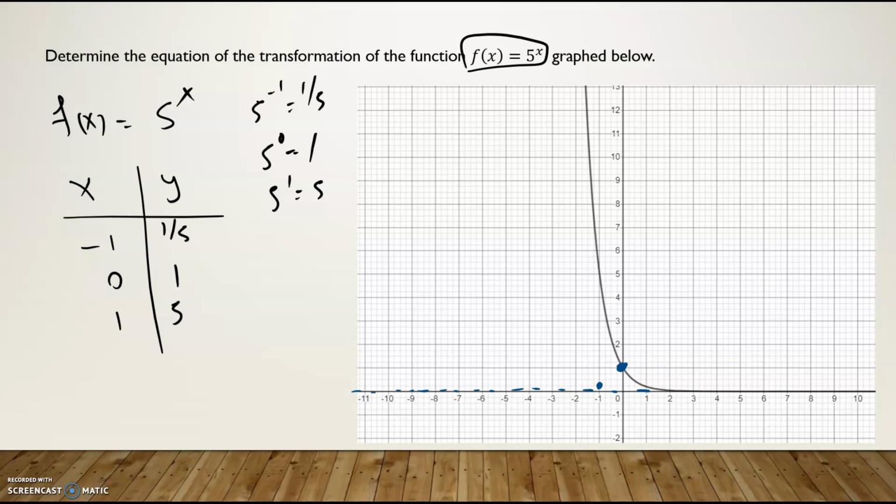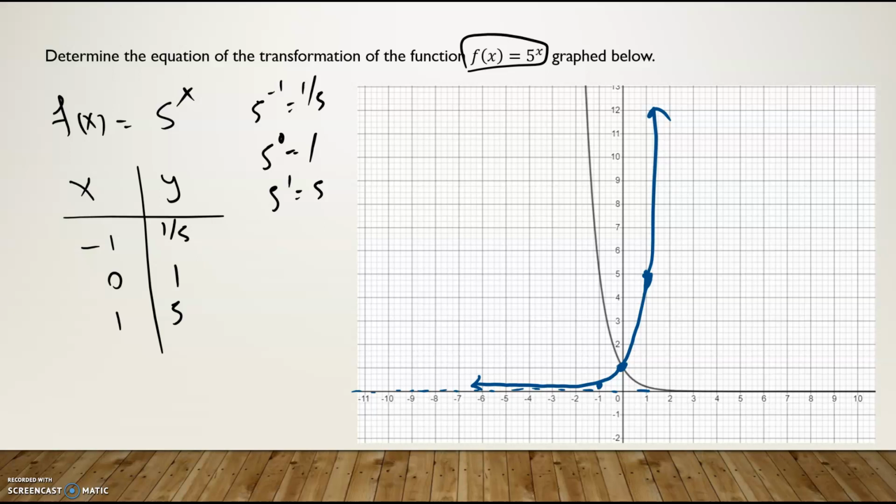And then 1, 5. And 25 is really high up. So let's combine these, and we know it's getting really, really close to y equals 0. Something like this, okay?